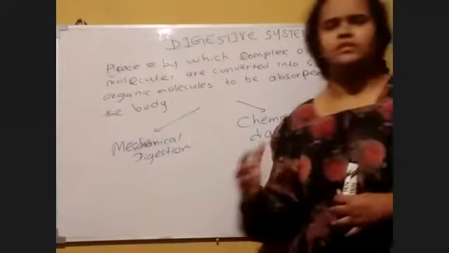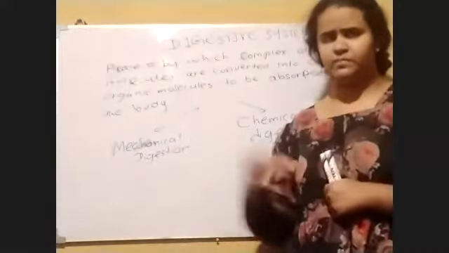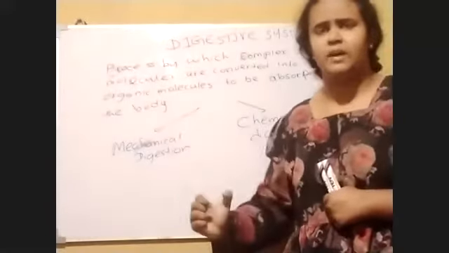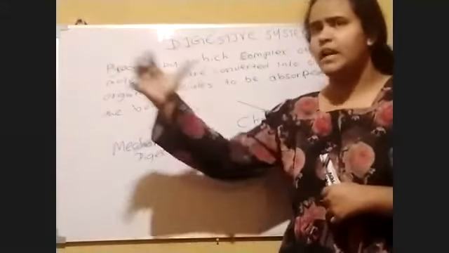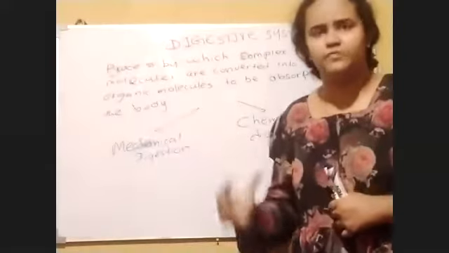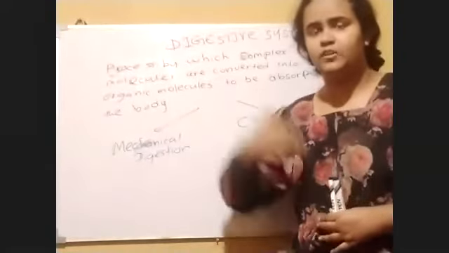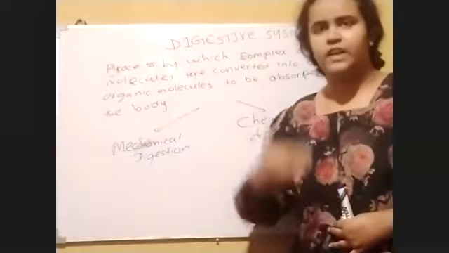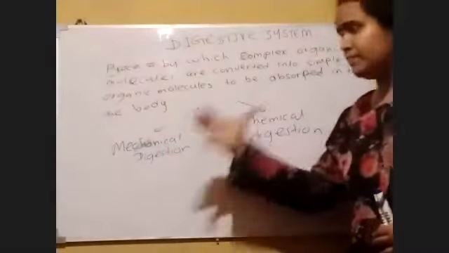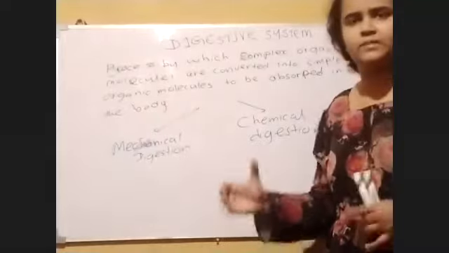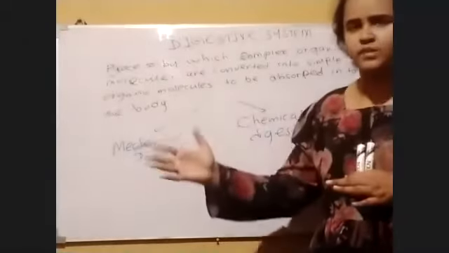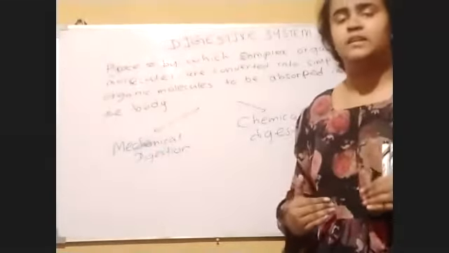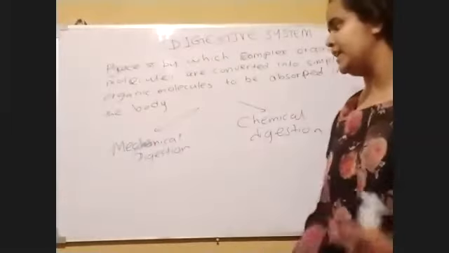The vibrations that take place in the esophagus and the stomach, we call mechanical digestion. Digestion of the food we take into the body by mechanical methods, by vibrations like peristaltic movements, is called mechanical digestion.